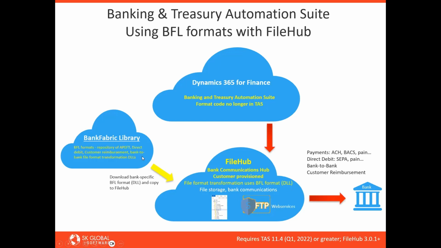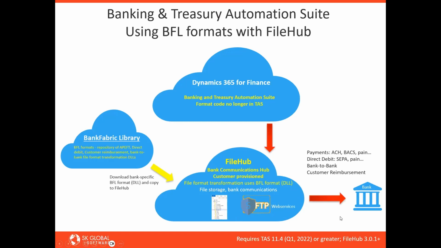In the BankFabric library part, there is no direct connection. It's a manual download and manual copy to the File Hub of this specific format. And then File Hub is using the already existing connections that we already have for our customers, and that communicates to the bank the same way as it was done before.